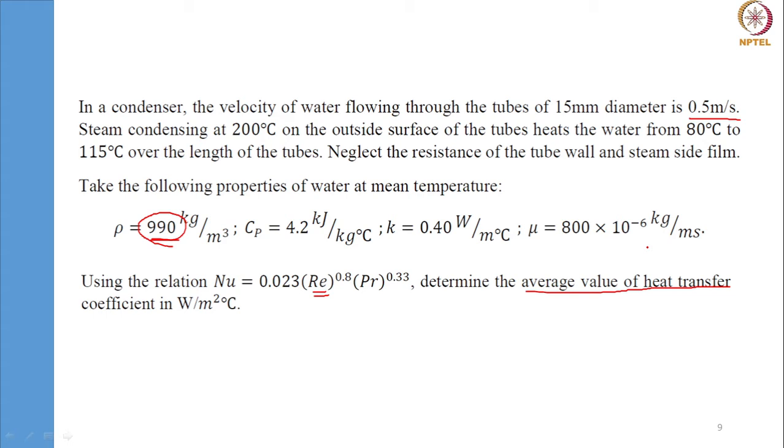After finding out, if you plug in the values of these three quantities, rho V D by mu, even D is given, you can take it as 15 mm, because we have been told to neglect the tube wall thickness. You can directly take the inner and outer diameter to be the same. Once you plug these values, it's just arithmetic.